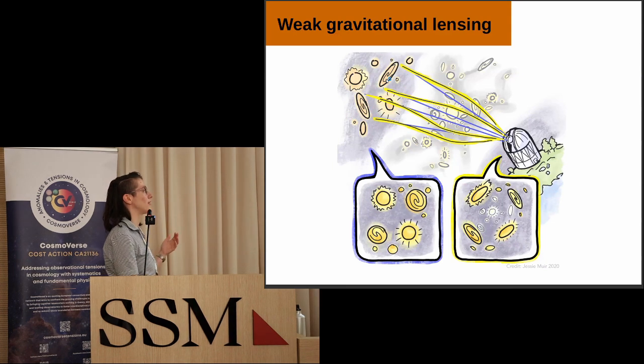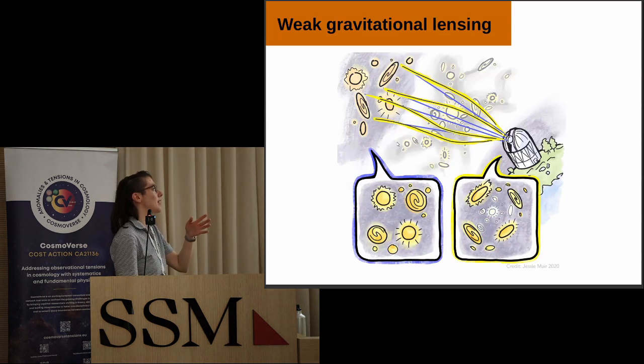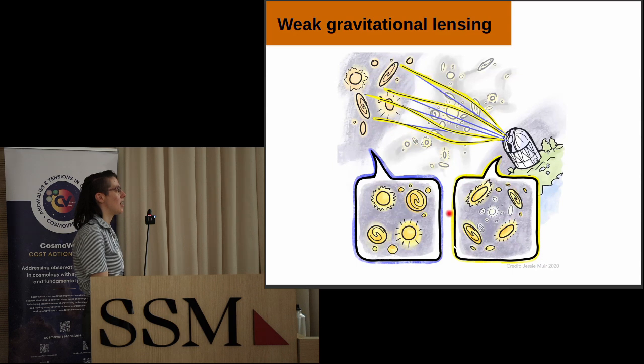They have some sort of intrinsic image that we would see of them were there nothing in the middle. But in fact, of course, there is something between us and them, which is the cosmic matter distribution, structure, dark matter, other galaxies as well. And so the light coming from the background galaxies is lensed as it progresses through this field of matter. So its path is changed, and as a result of that, we see distorted images of the background galaxies.